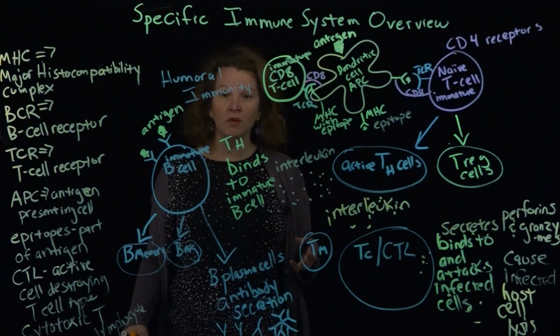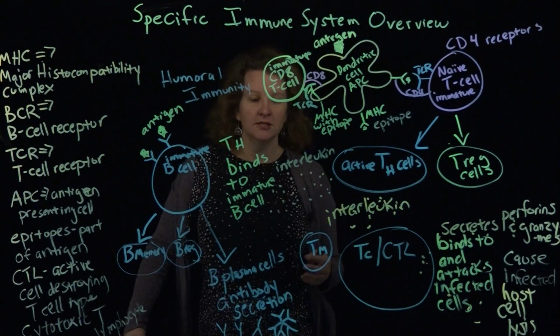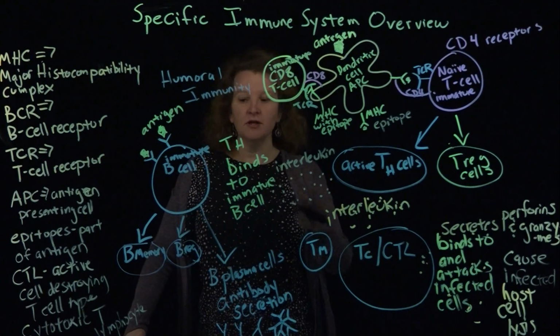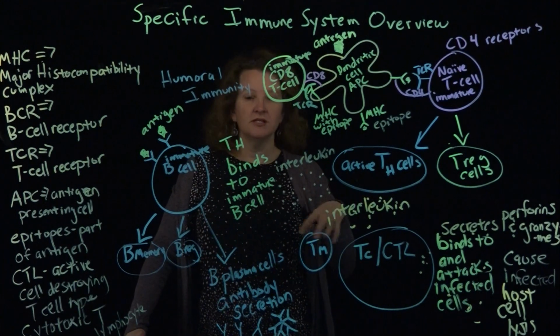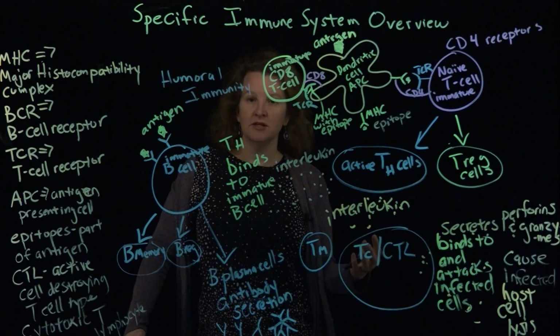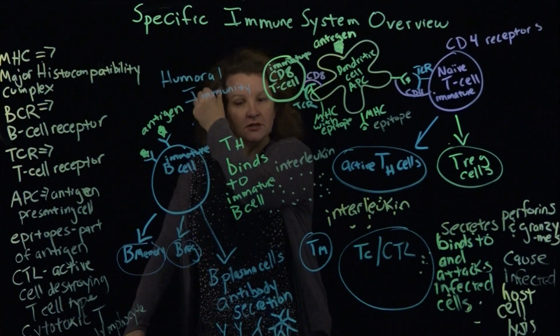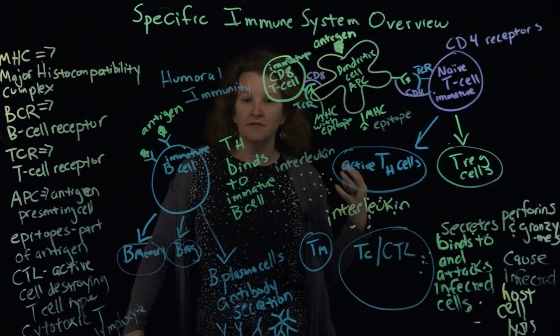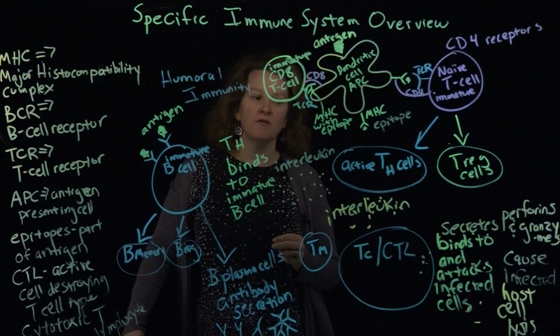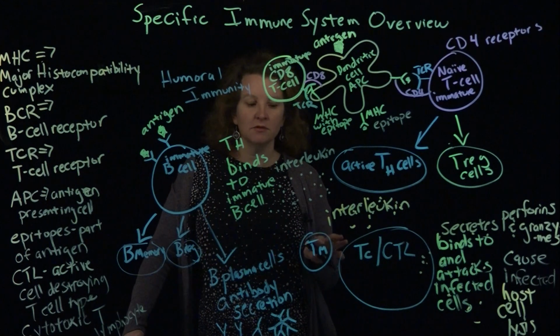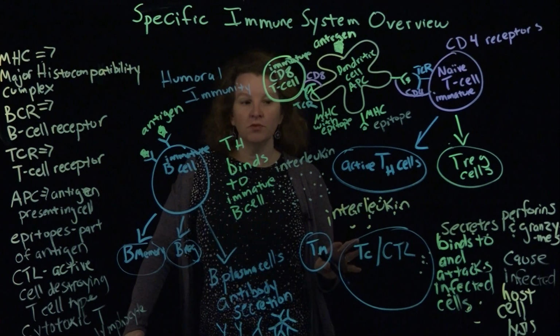So this is the whole idea behind vaccinations: we stimulate these processes without necessarily developing the disease and having the symptoms. With certain vaccines you might have a mild fever, or a rash or something at the site, depending on what the vaccine is. So you may have some mild symptoms, but you don't get the full-blown disease.